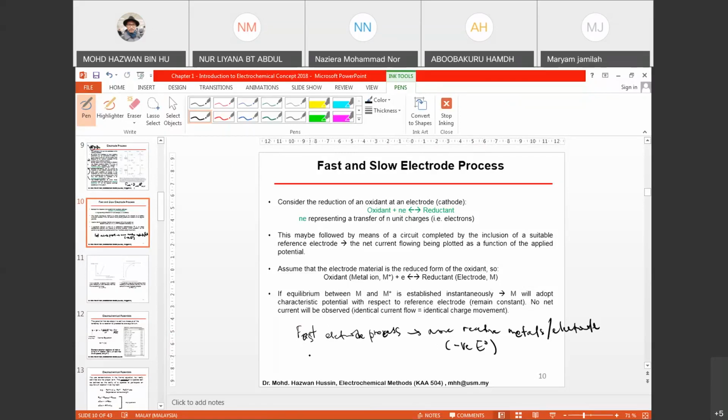And for a slow electrode process, this is where you have a less reactive metal.